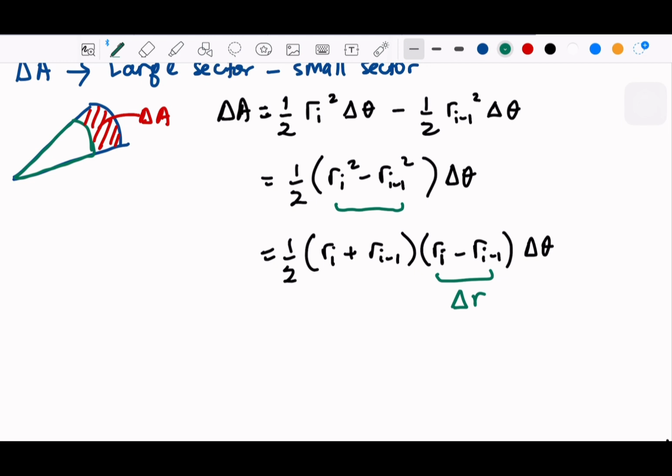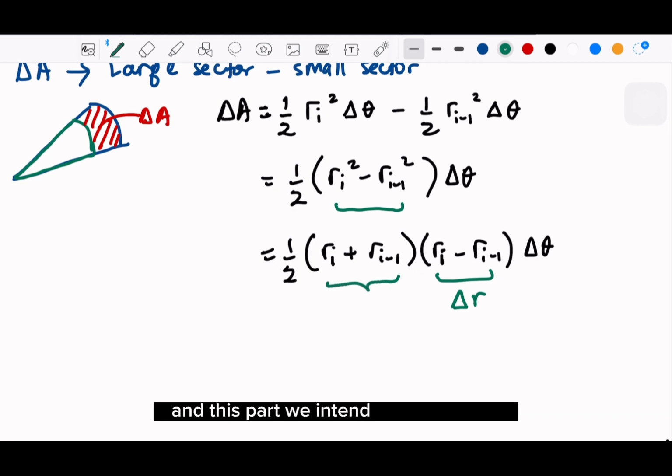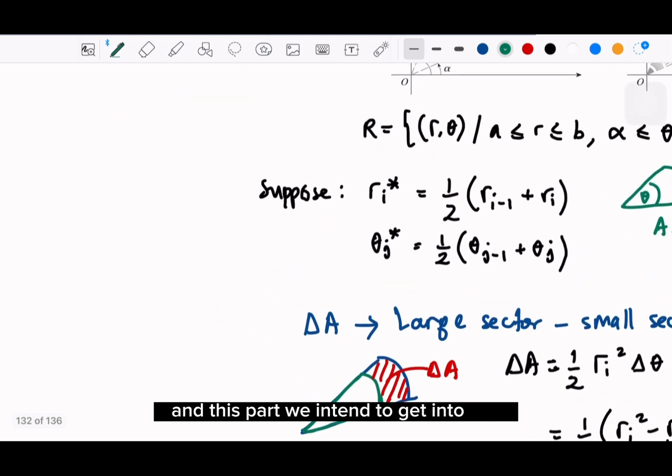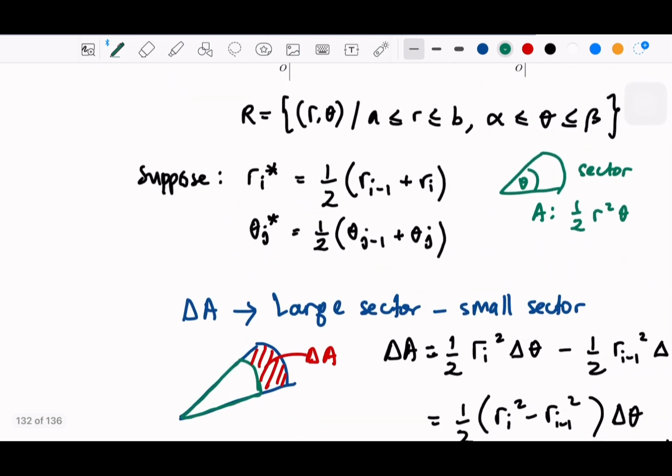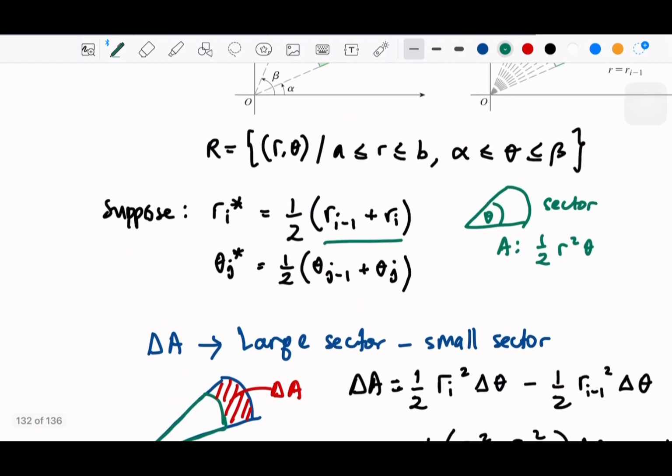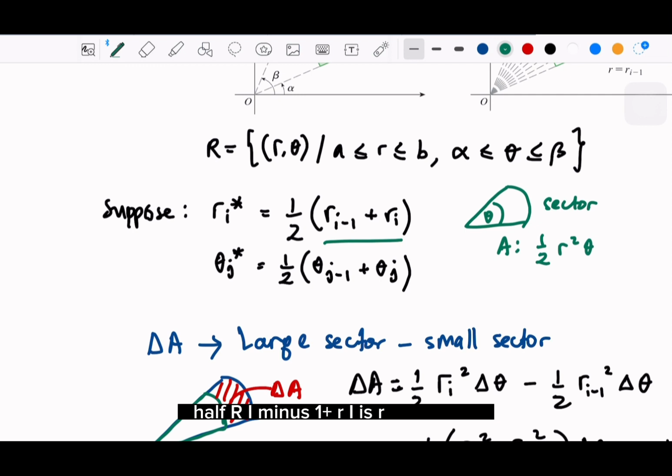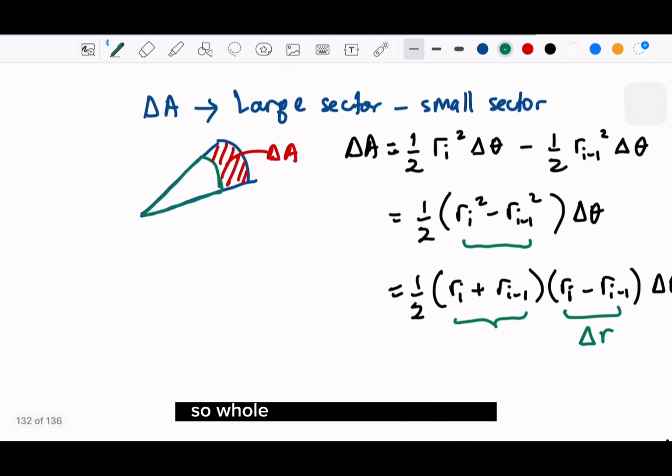Okay. And this part, we intend to get into this definition. So half of ri minus 1 plus ri is ri asterisk. So the whole thing here is ri asterisk.